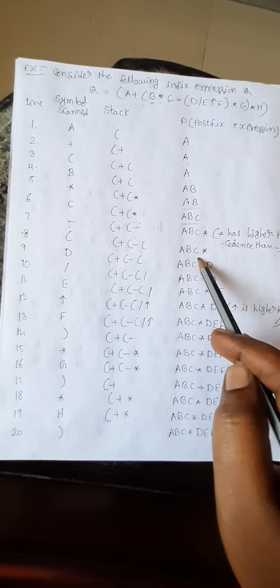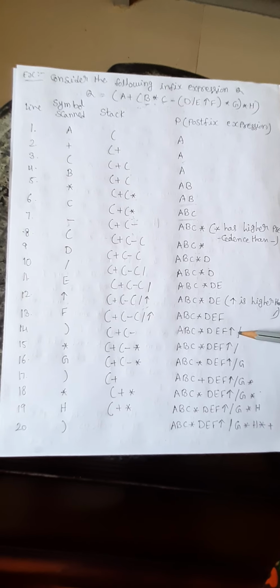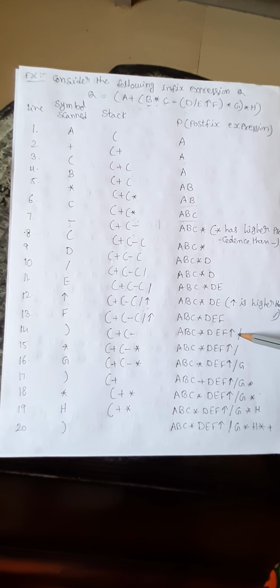Here, when compared to the division and the exponent, the exponent symbol has the higher priority than the division symbol, so the exponent will be included into the postfix expression first.